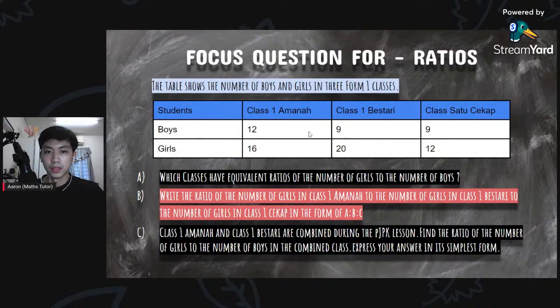So we compare the ratio of the number of girls to the number of boys, and then we simplify it to the simplest form. In your handout we have the question already, so we move on to the solution.